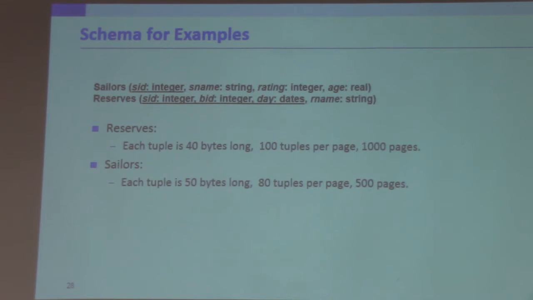Now, we're going to use the same schema as we have seen from the beginning of the semester. We have the sailors and reserves. And back then, values like this bear little importance to our discussion. What's the size of each record, how many pages, and so on.